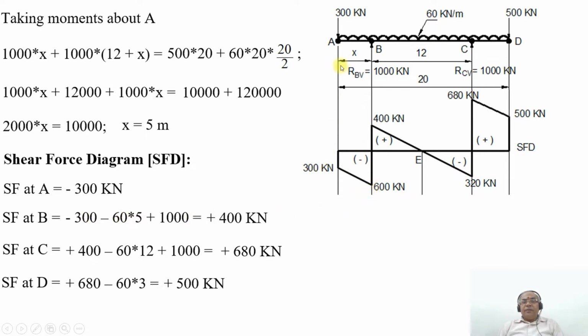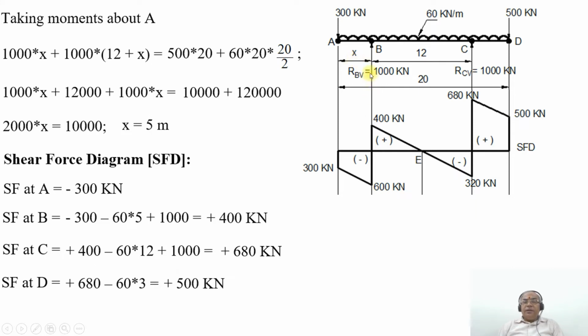That means SF changes from minus 300 to minus 600, due to the UDL of 60 kilonewton per meter for a distance of 5 meters.